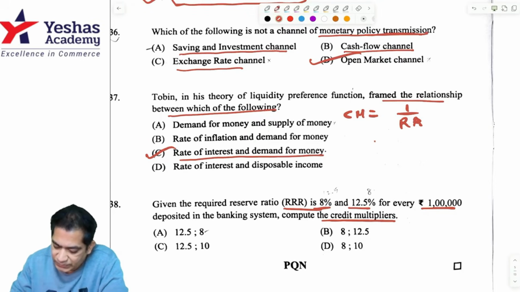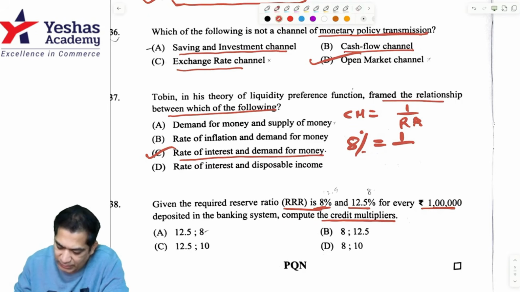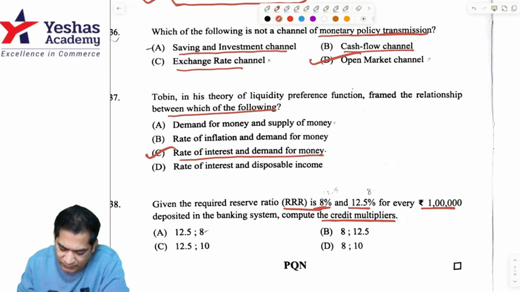In this case, they've given a required reserve of 8%.